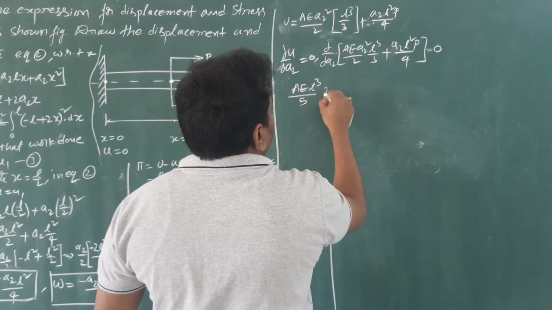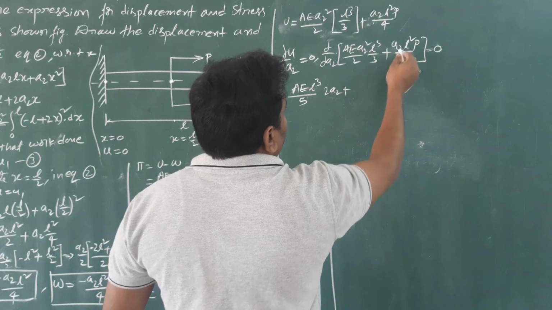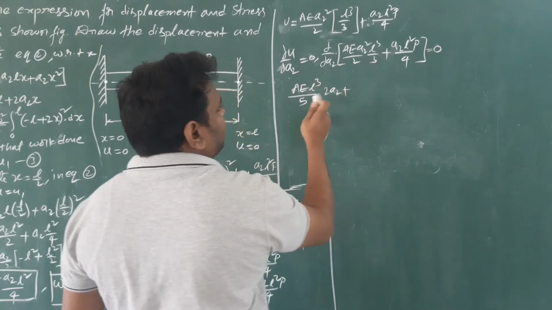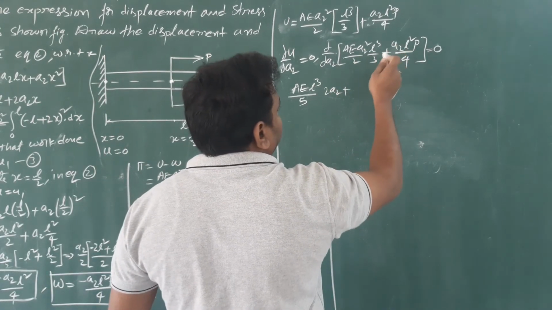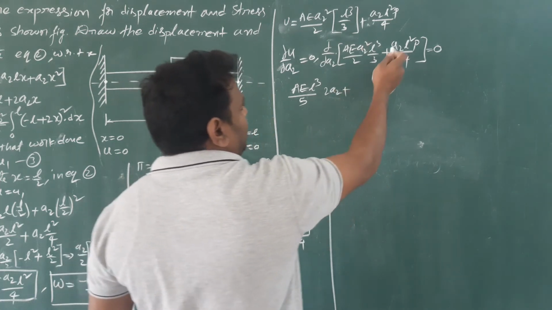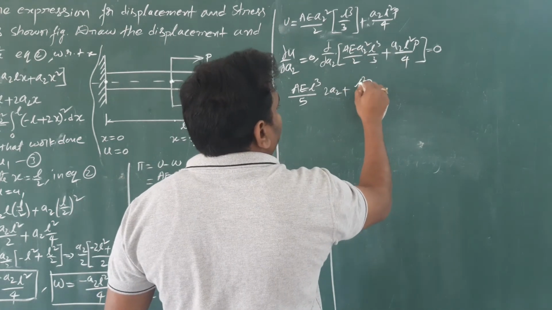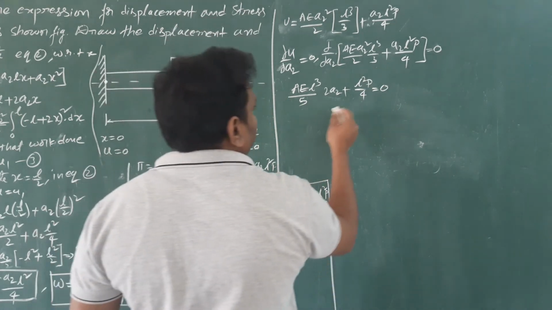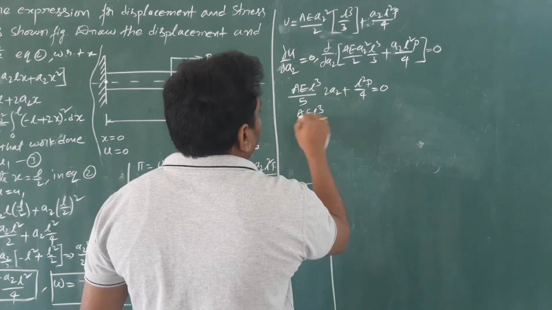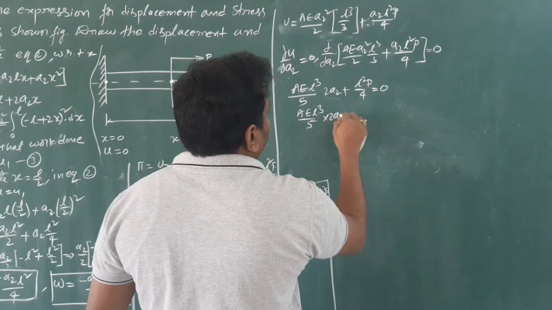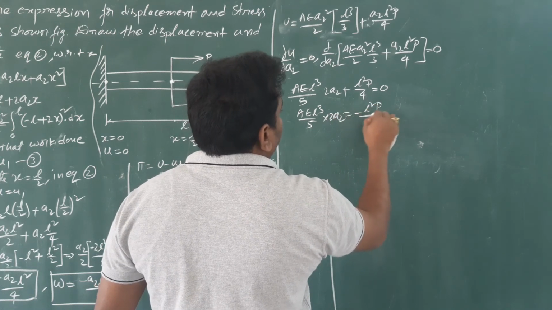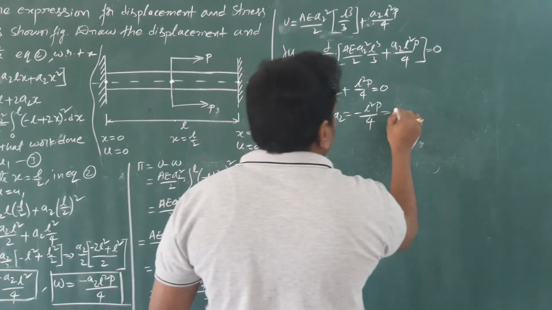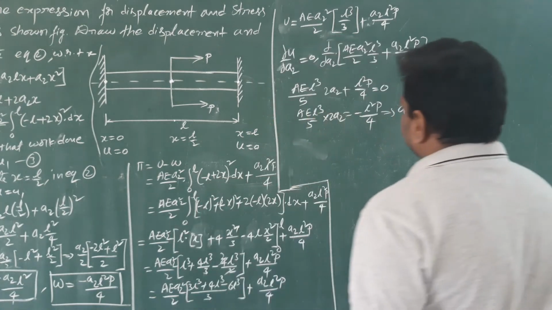The differentiation of A2 square is 2A2, and the differentiation of A2 is 1. So AE L cube by 3 into 2A2 is equal to minus L square P by 4. Okay, we need only A2. Then A2 is equal to, okay.